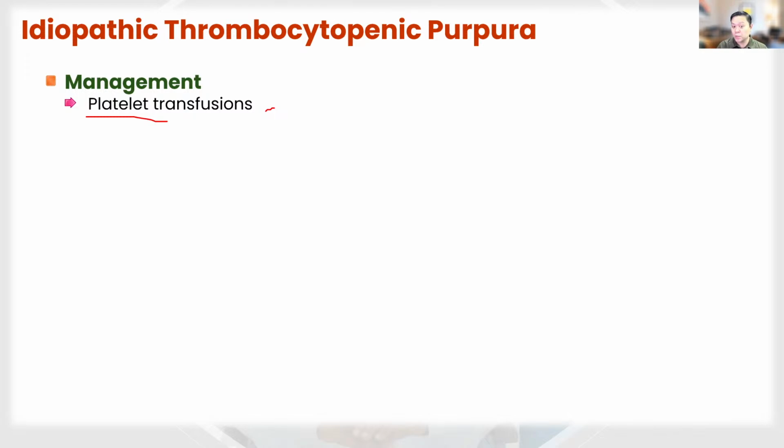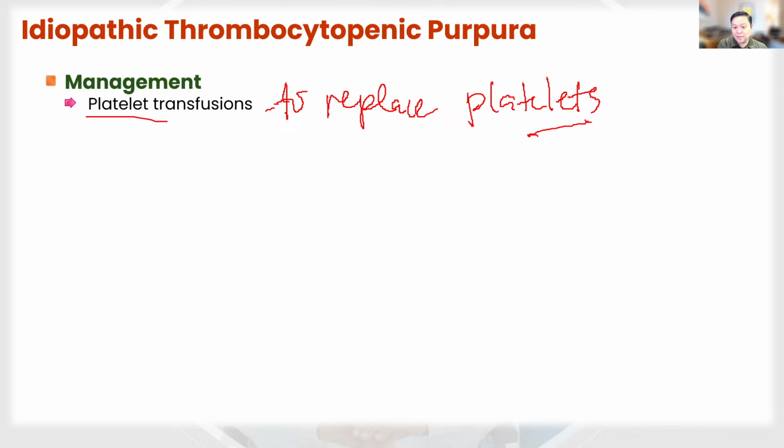Earlier, we're not supposed to transfuse platelets in HIT, but this time in ITP, the transfusion of platelet is very important in order to replace the lost platelets, and also will increase the patient's platelet count rapidly. This is very important, okay? So, to replace platelets in a rapid manner. Now, another is to control the bleeding.